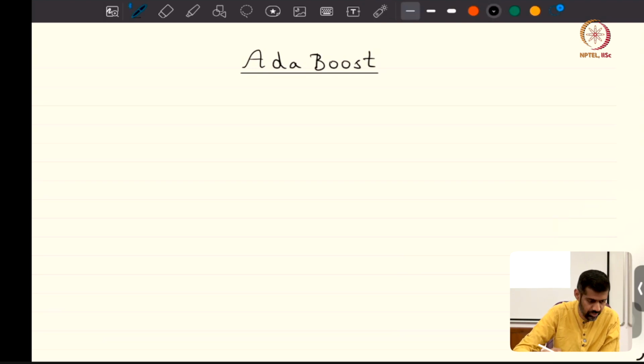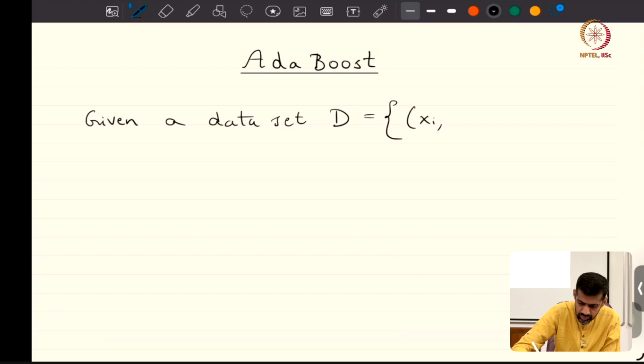So the AdaBoost algorithm. Let's start with a classification problem. Given a data set D, we have n samples, a standard classification problem.